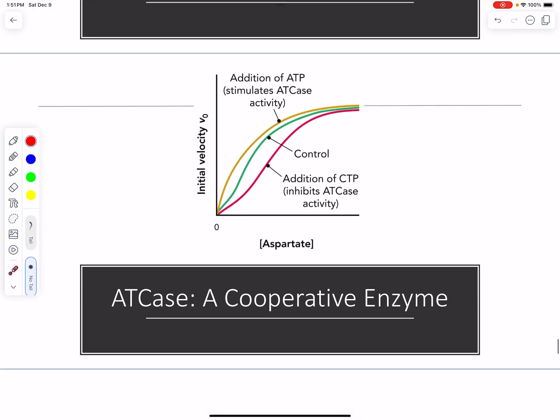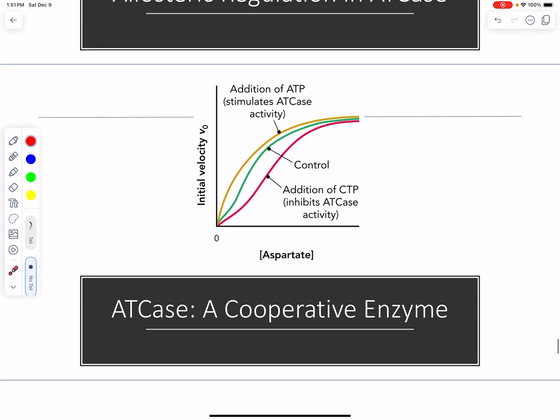When we look at ATCase activity in the absence of any inhibitor or activator, it has semi-sigmoidal kinetics because, as an allosterically regulated enzyme, there's cooperativity.